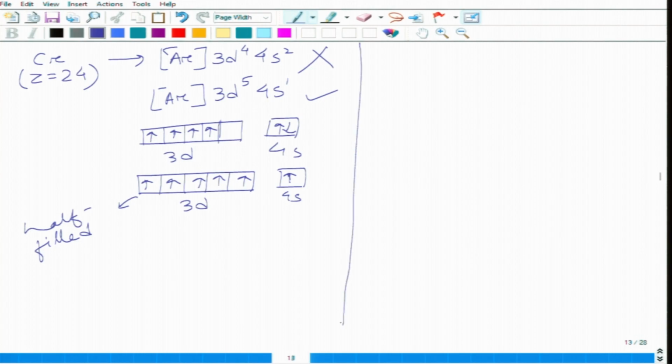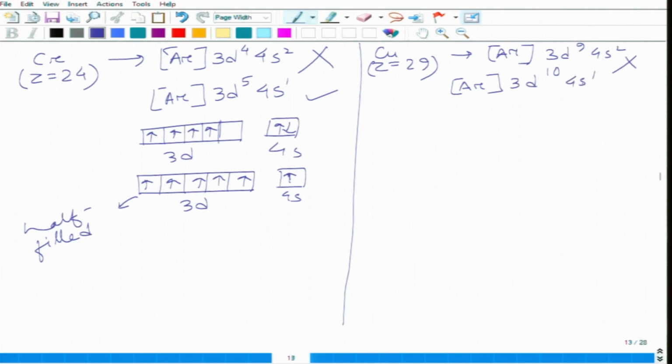Now, a similar case is observed for copper, which has an atomic number of 29. So, the configuration should have been argon 3d9 4s2. But this is wrong. What happens? The configuration is actually argon 3d10 4s1.